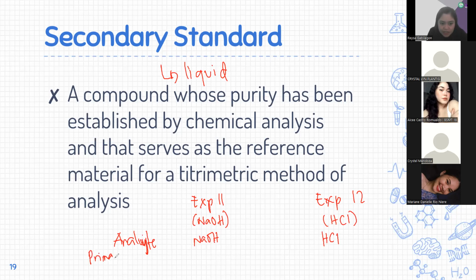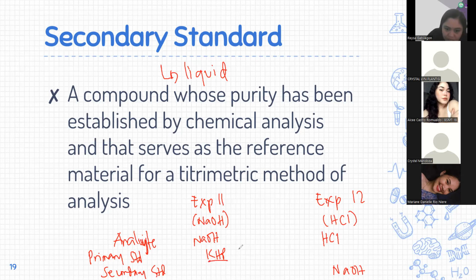Kasi during the titration process, si experiment number 11 gumamit ng primary standard, solid na substance. Pero sa experiment number 12, ang ginamit doon ay secondary standard, and that is the sodium hydroxide. So, si secondary standard is a liquid in which yung kanyang concentration is known para magamit siya in the titration. So, yun yung pinagkaiba ng experiment number 11 and experiment number 12.